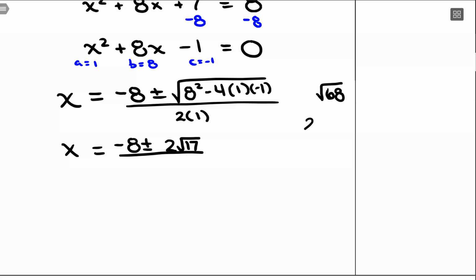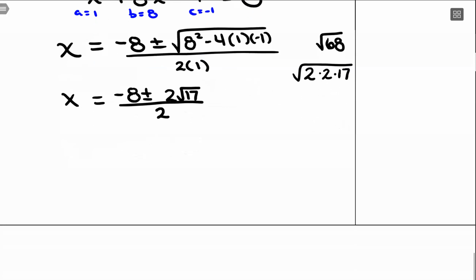So I could divide out a 2, which would leave me with 34. I could divide out another 2, which would leave me with 17, and then 17's prime. So with that, square root of 4 will give us the 2, and then that 17 stuck underneath, and then 2. So for an exact solution, we would have a negative 4 plus or minus the square root of 17, with that 2 kind of canceling out with those pieces.